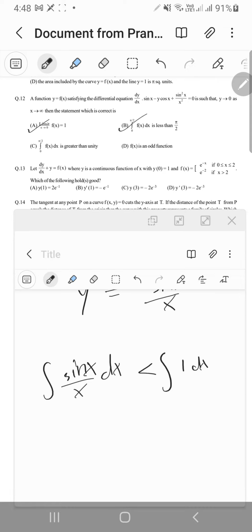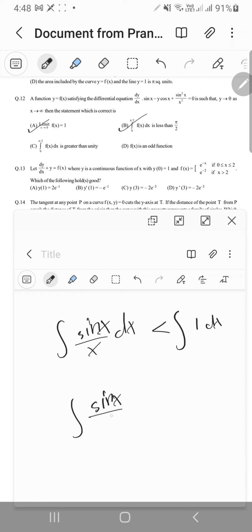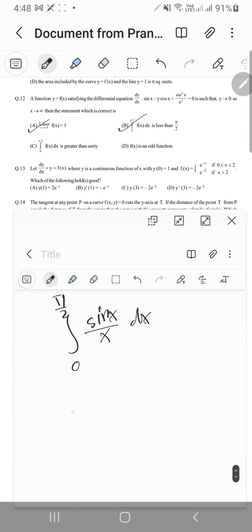This is bigger than 1. Well, let me show you. Integration of sine x upon x dx. This was when sine x equal to that. Okay, cool. And it's from 0 to pi upon 2, right? If I try to graph these two functions, sine x would look like this and x just looks like that.